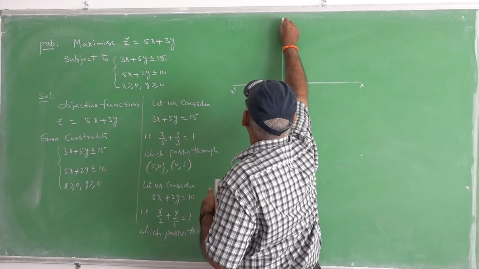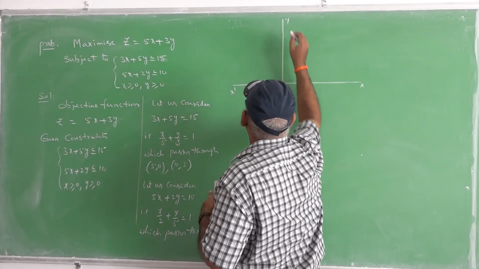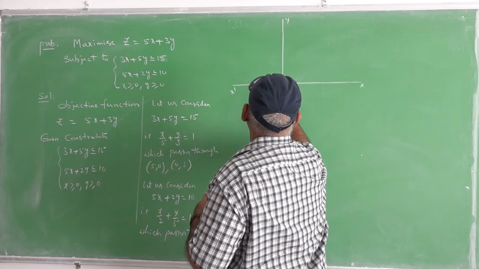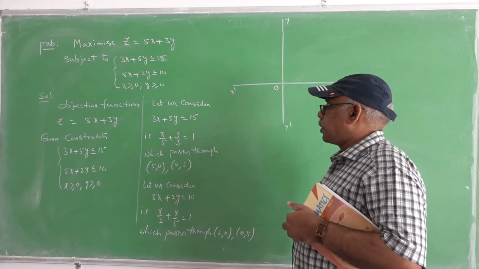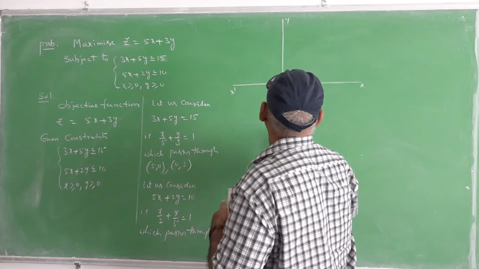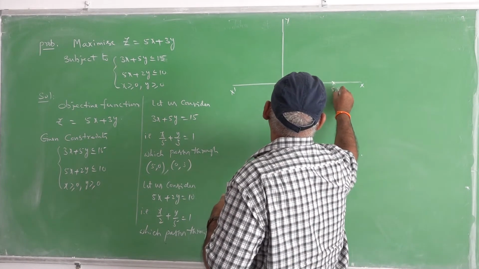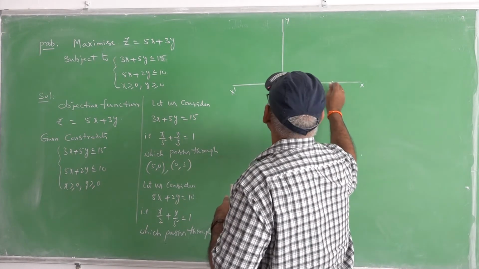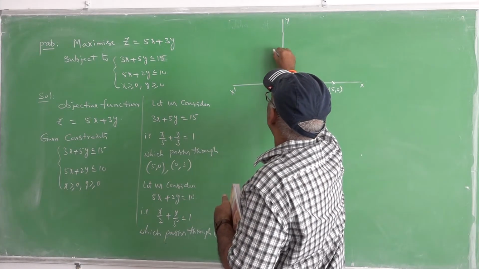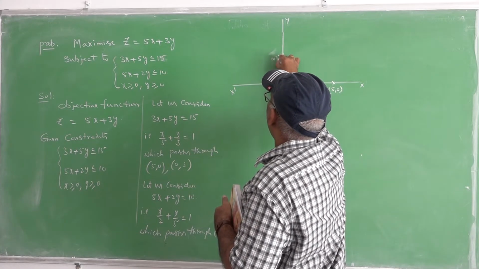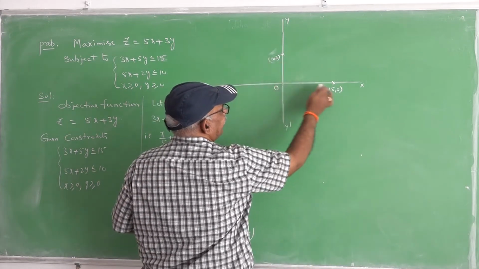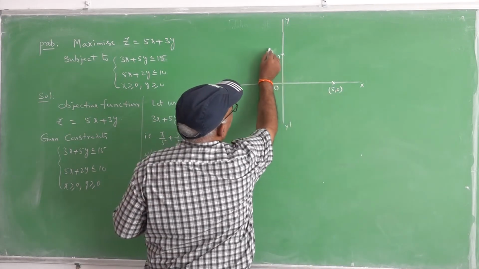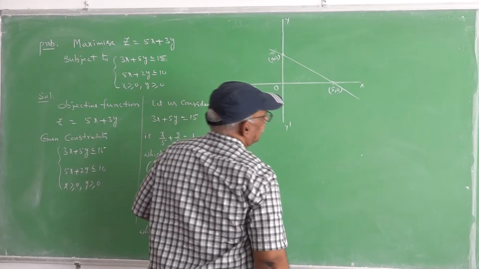Let us consider the graph of the feasible region. The first line is passing through 5, 0 and 0, 3. 5, 0 lies on the x-axis, 0, 3 lies on the y-axis, at a distance of 3 units here and 5 units from the origin on the x-axis.